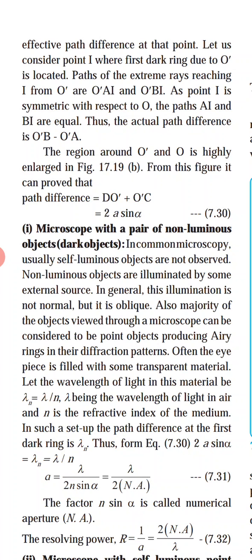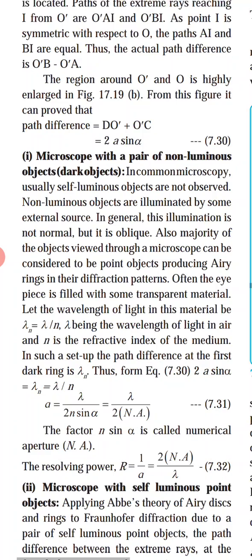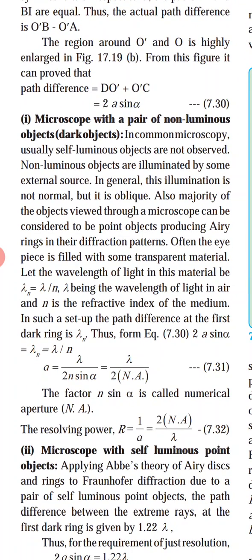Now second, the microscope with a pair of non-luminous objects, that is dark objects. In common microscopy, usually self-luminous objects are not observed. Non-luminous objects are illuminated by some external source. In general, this illumination is not normal but oblique.